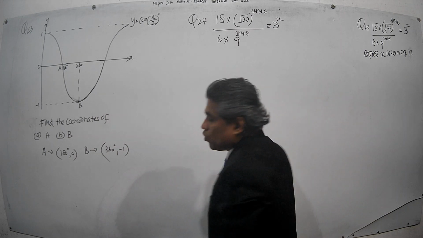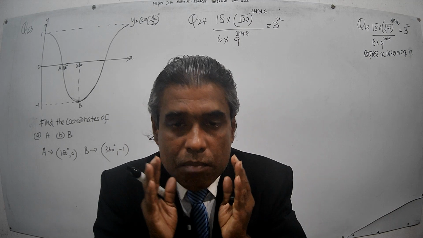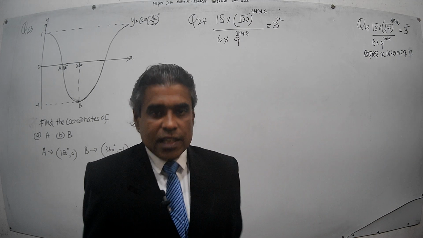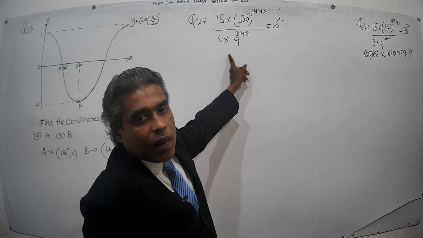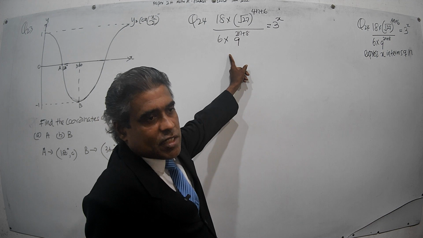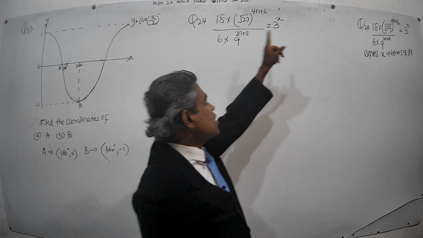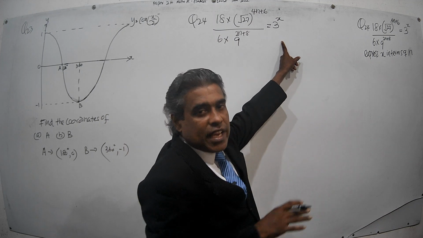If two indicial statements of the same base are equal, their powers can be equated. So that is the principle, right? Therefore, we will try to express this side as a single indicial expression of a particular base, and this side also as an indicial expression of the same base.